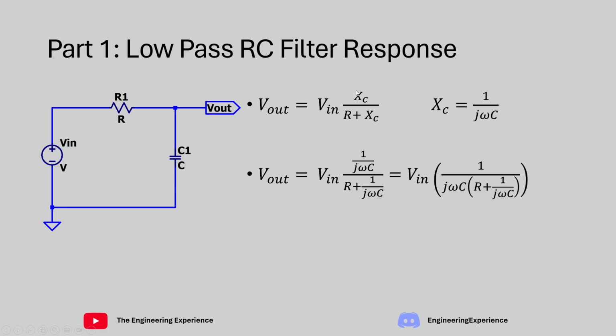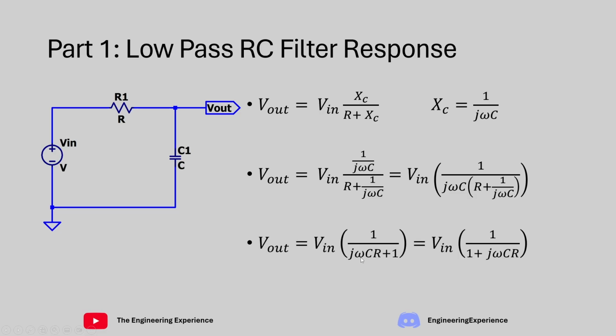You can see I've just replaced XC with 1 over j omega c. Simplifying that a little bit, bringing this bit down here, we get 1 over j omega c in brackets R plus 1 over j omega c. You can see from there that this will become j omega c R. When you multiply this with this part, the top and bottom will cancel, and you will end up with just 1, as you can see over here.